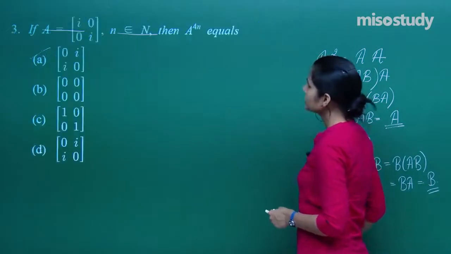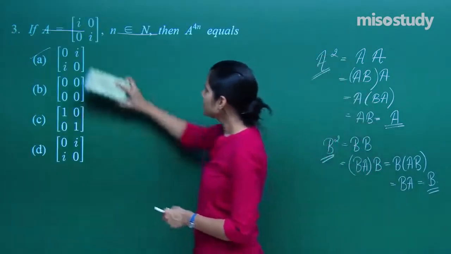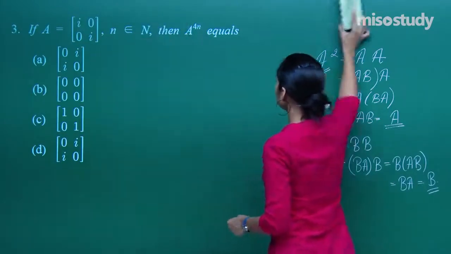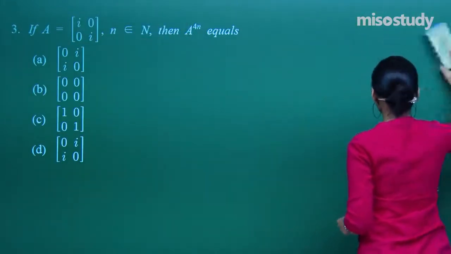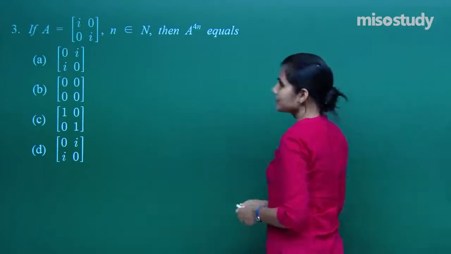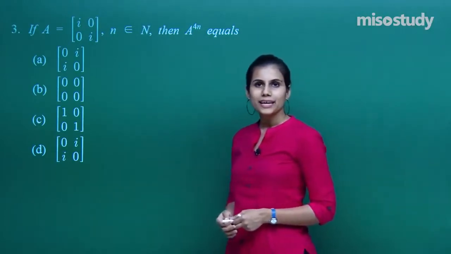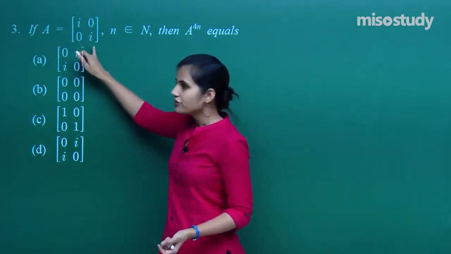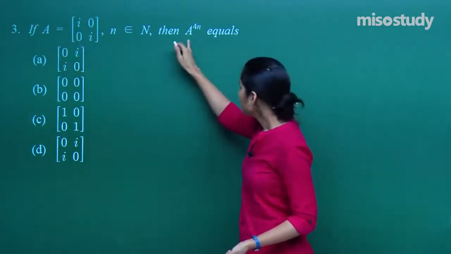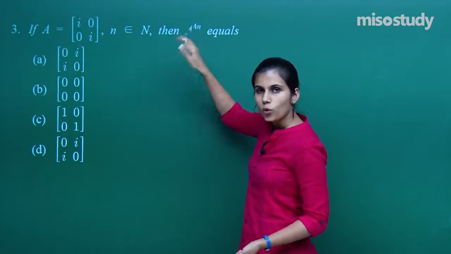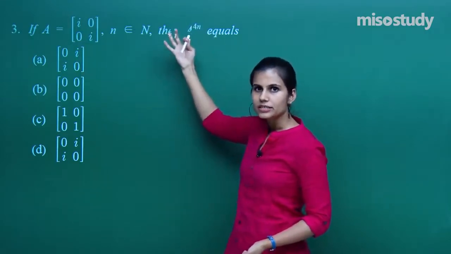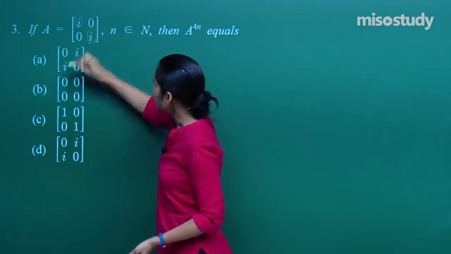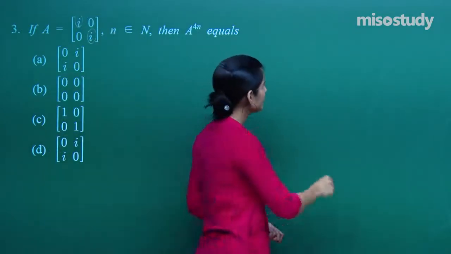Then next question says that A is given to be this matrix of order 2, iota 0, 0 iota. A to the power 4n is equal to what? Over here basics come into picture. You don't need to multiply A with itself 4n times for any n, but because this is a diagonal matrix, even A to the power 4n is a diagonal matrix. Whatever power this particular matrix is raised to, that power is only attached to these diagonal components, right?